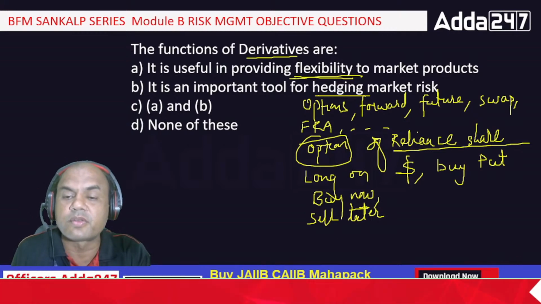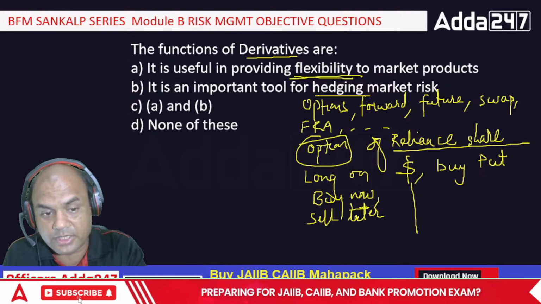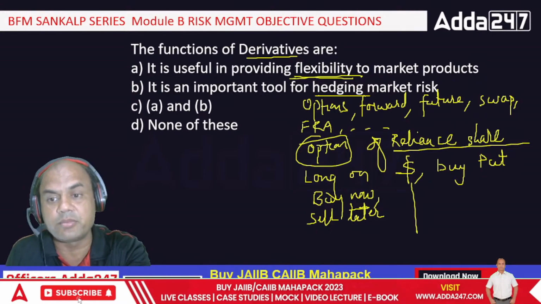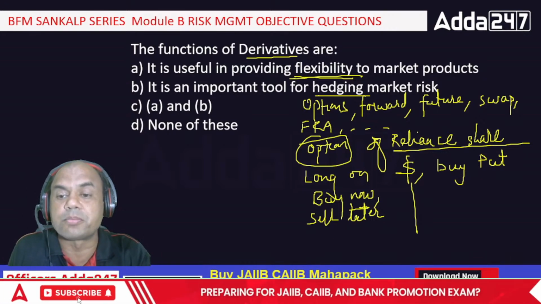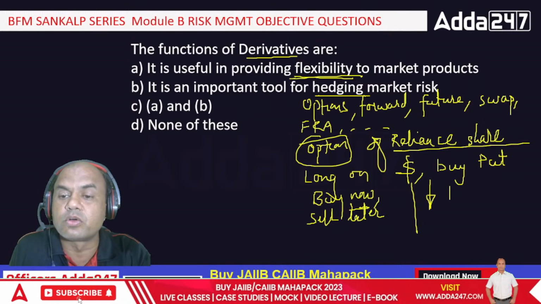And put means, whenever the value of the commodity goes down, at that time the put comes in action. The price of the put goes up. If the commodity goes down, the put price will go up.